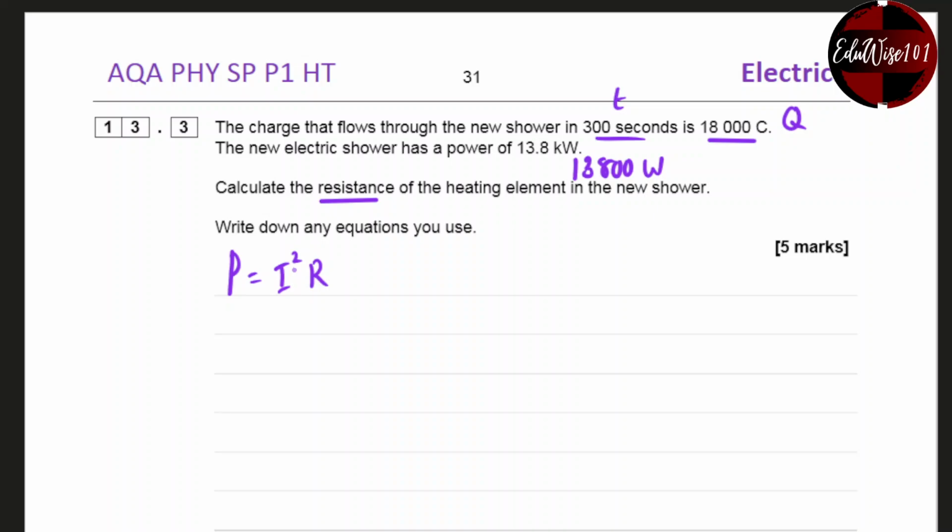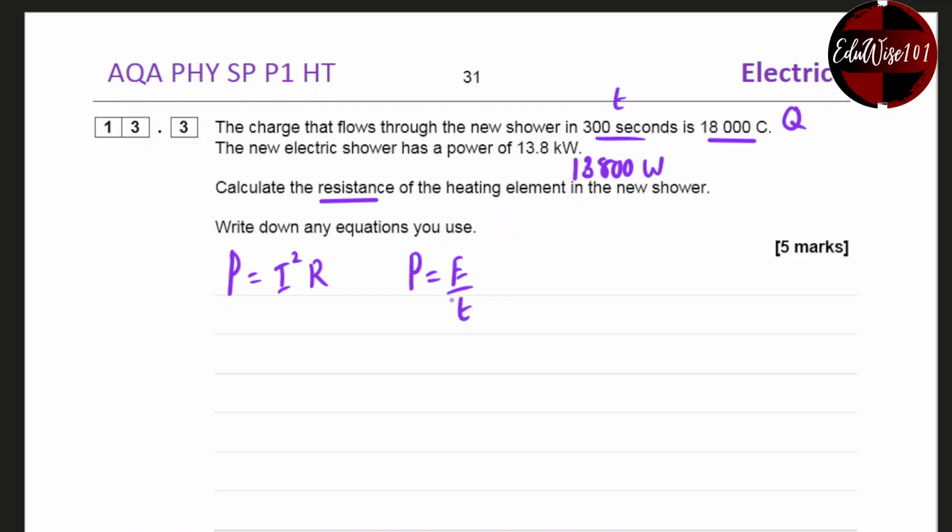Now, we don't know the current. Do we know the resistance? Not really. So, which we can't use. Let's try power equals the energy divided by the time. That I can use.